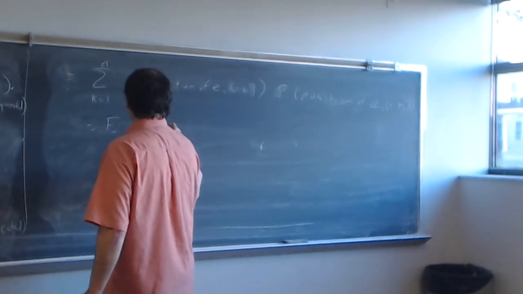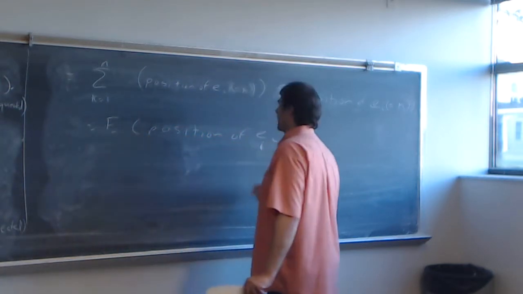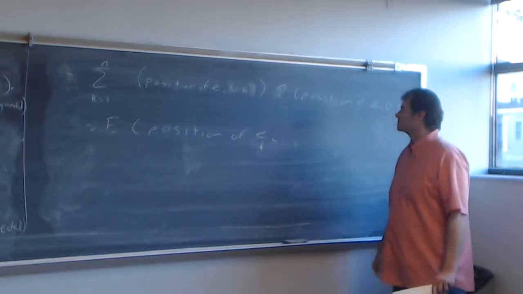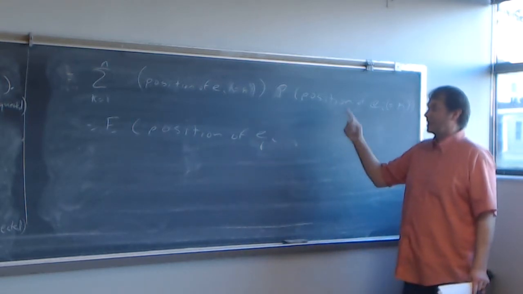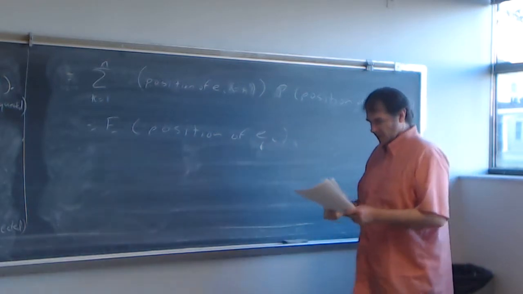I think that's what this is. It's the expected value of k, which represents the position of E_i.